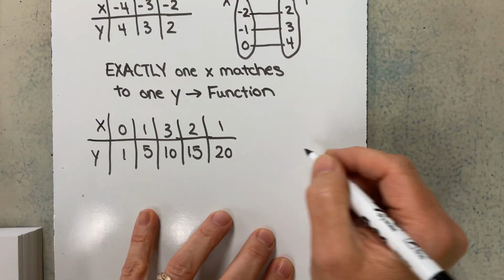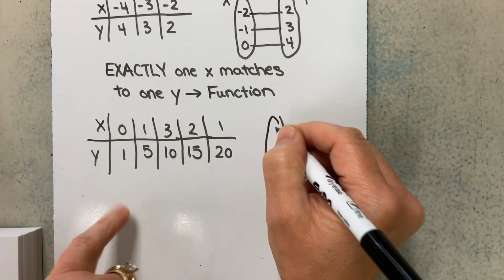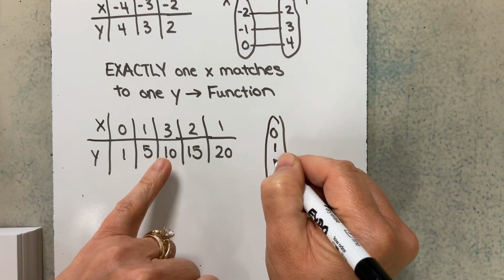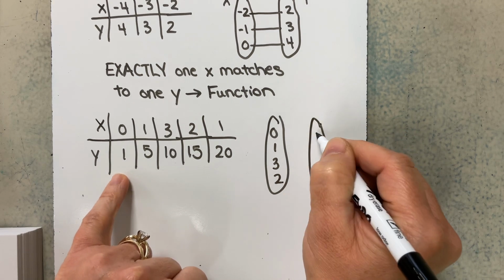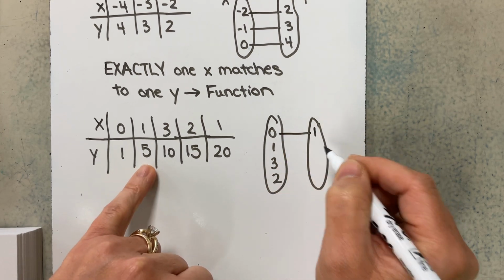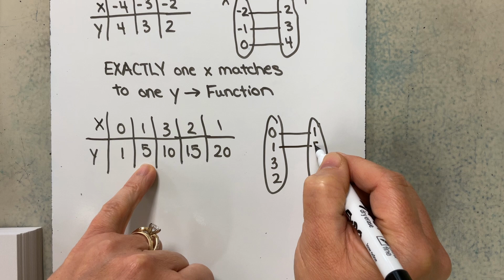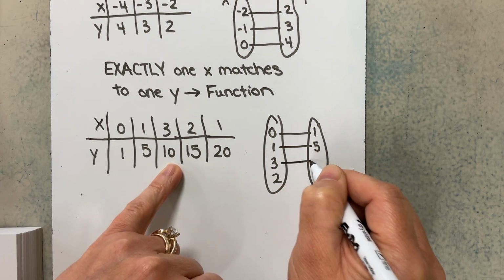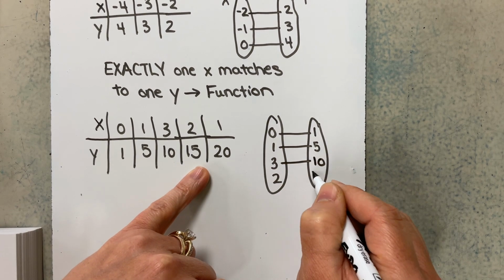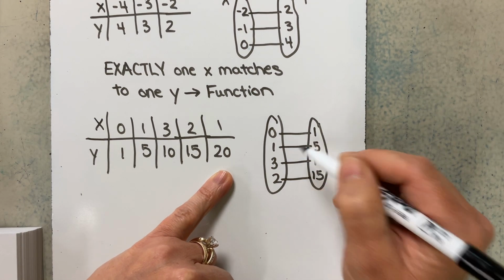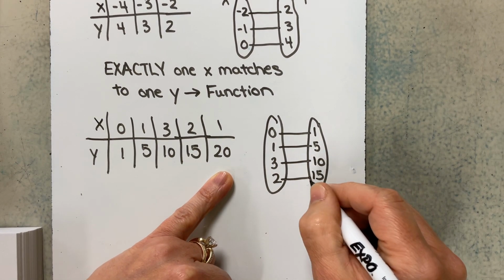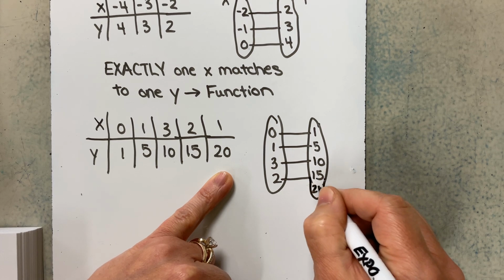Okay, what this would look like on a map is this: 0, 1, 3, 2, and it would be mapping 0 mapped to 1, 1 mapped to 5, 3 mapped to 10, 2 mapped to 15, and all of a sudden 1 mapped to, I'm going to make this a little bit bigger, 20.